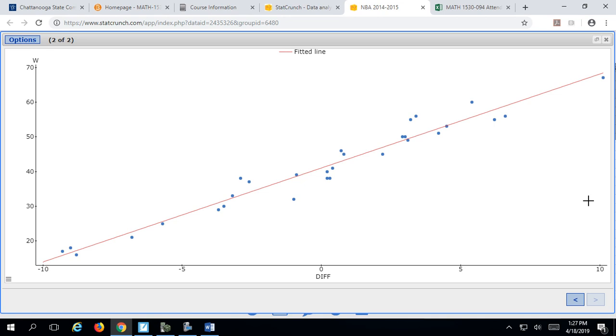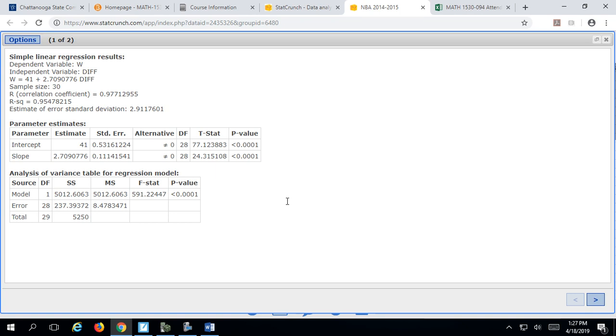Now those are a lot closer to the line, right? We see a lot stronger correlation here. And if we look at the correlation coefficient, it's positive, and it's 0.977, which is really high. Like that's really close to 1.